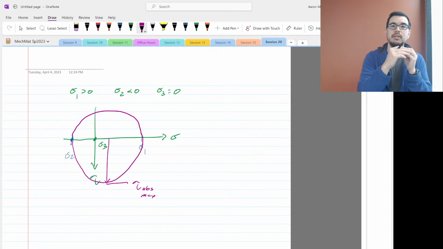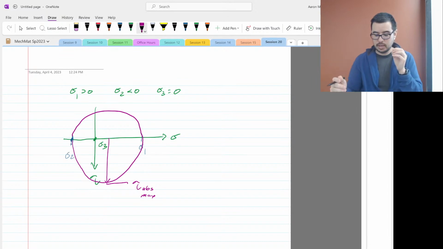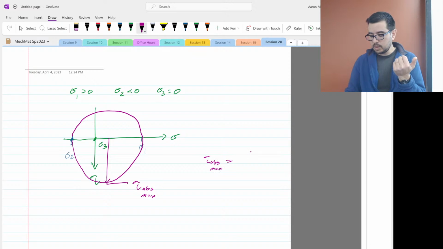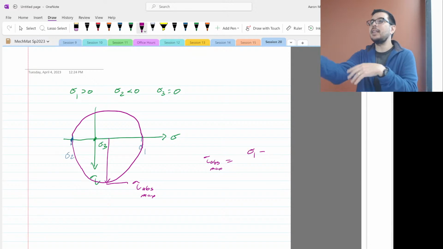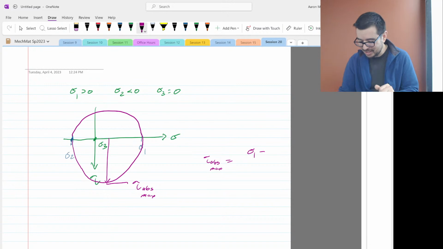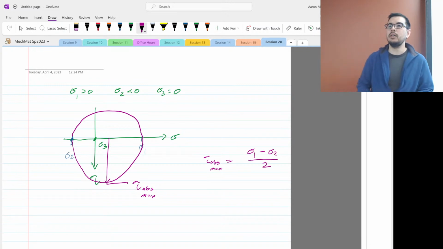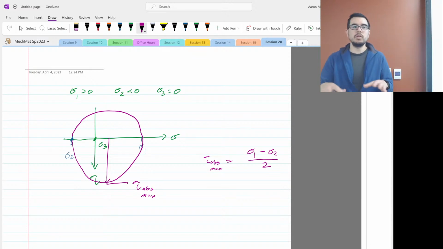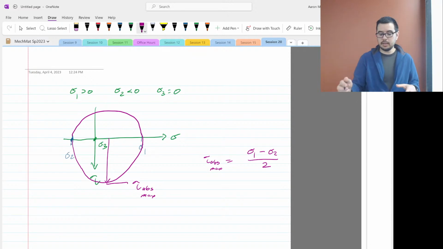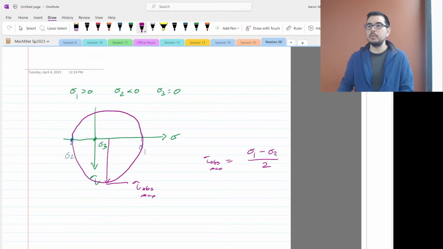Yes, sigma 1 plus sigma 2, but sigma 2 is actually negative, so it's minus. You've got the right idea. So tau absolute max in this case becomes sigma 1 minus sigma 2, divided by 2. It's kind of like the average. So it's important to be able to draw the Mohr circle pretty quickly and then figure out what the absolute maximum shear stress is.